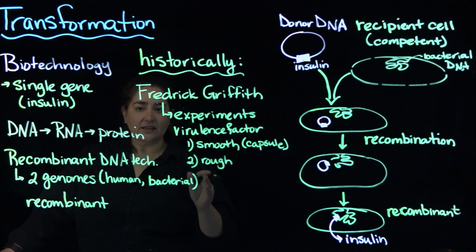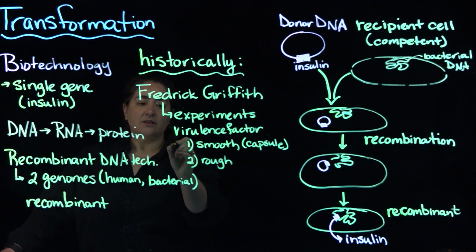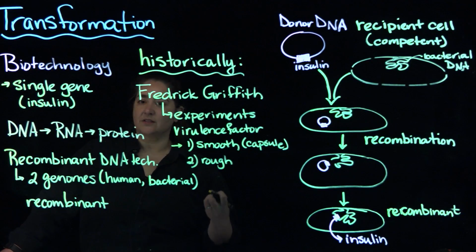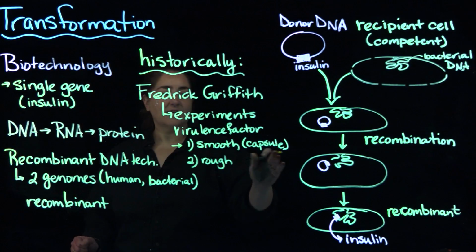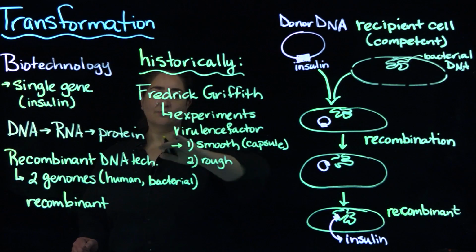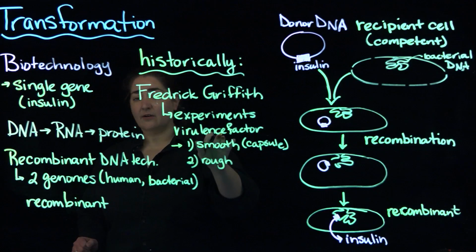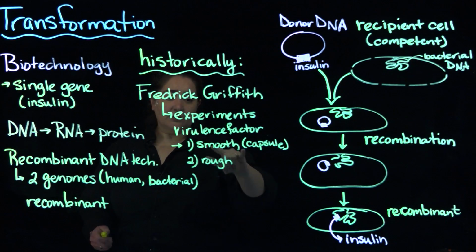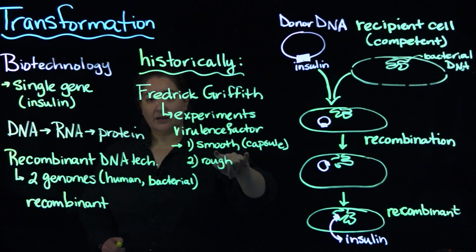Now, the key here in how this works, the smooth bacteria, when transferred to mice, would result in the mice dying because that capsule made the bacteria pathogenic. So making that pathogenic, that was the virulence factor.